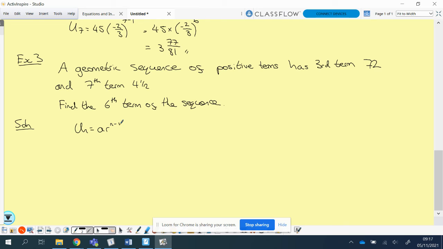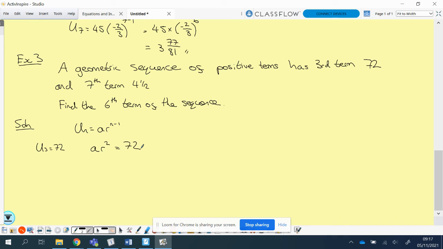Okay, so if I use the fact that I know the third term was 72, that meant the third term would have looked like A R squared, because 3 take the 1 as a power. Whatever that was had to give me 72. That's what the third term's telling me.